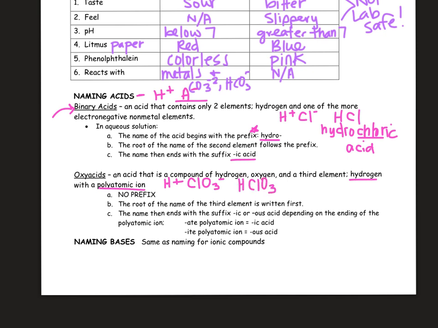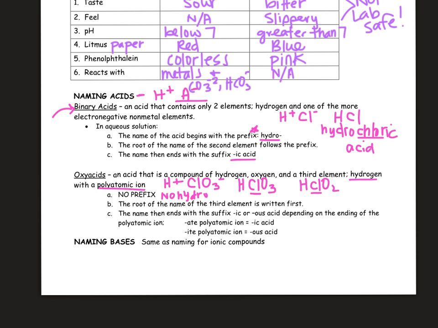I can also do it with the chlorite, which would be HClO2. So either one. But basically, we've got a polyatomic ion here with the hydrogen. So the biggest thing here is there's no prefix. So that means there's no hydro in the naming here. So that's the big difference. So no hydro. You just look at the element, right?